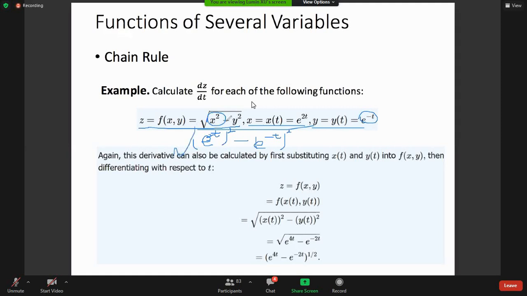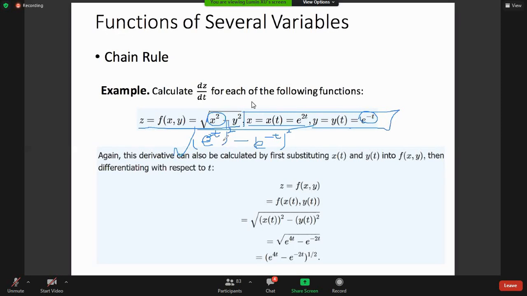It's like that. These two parts are equal, right? Because we just replace x by t and also y by t, because the relationship has been given. So now z is a function of t. x and y no longer exist, right?